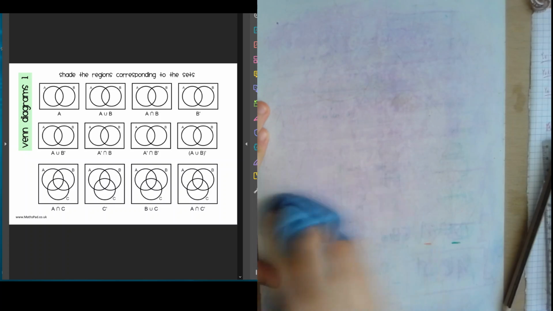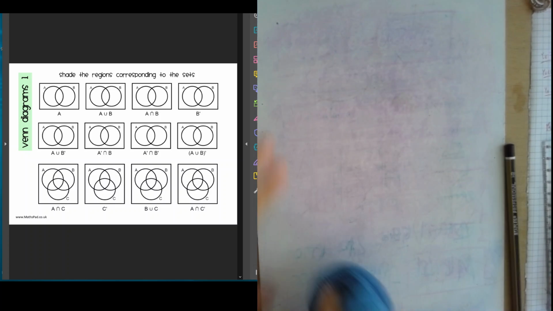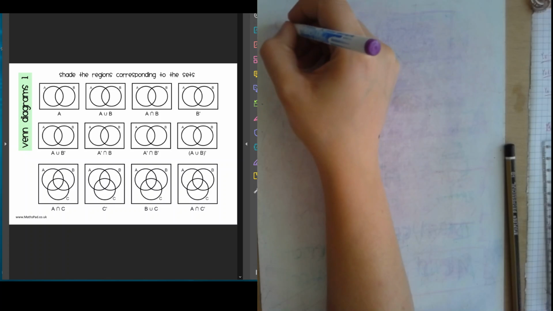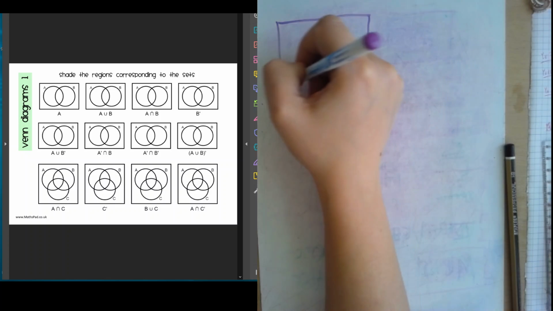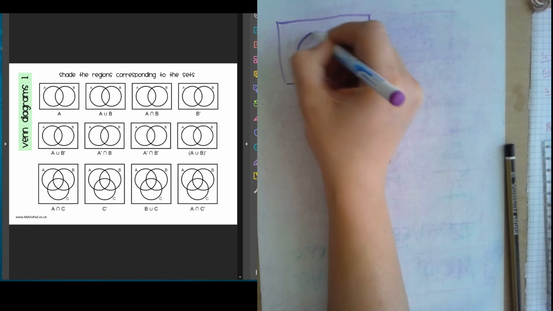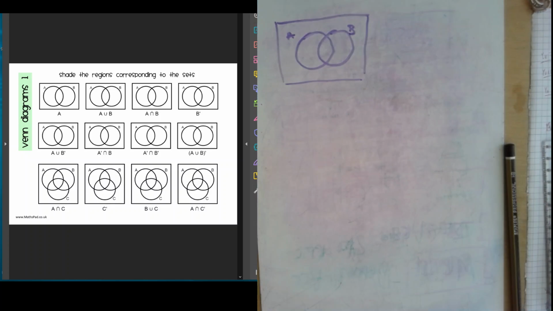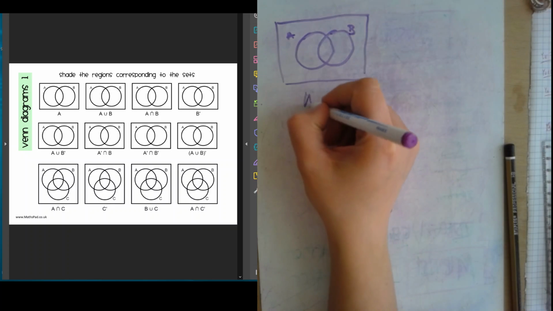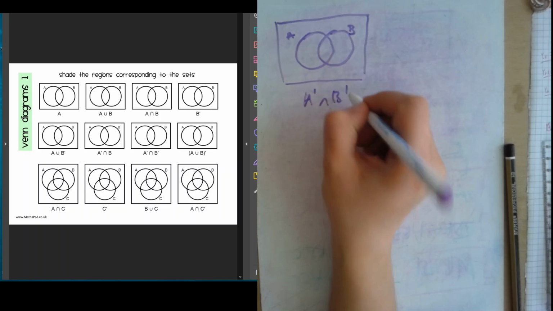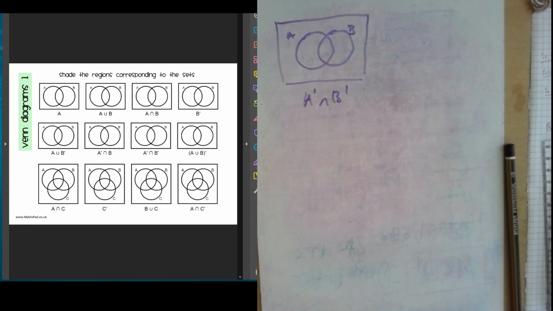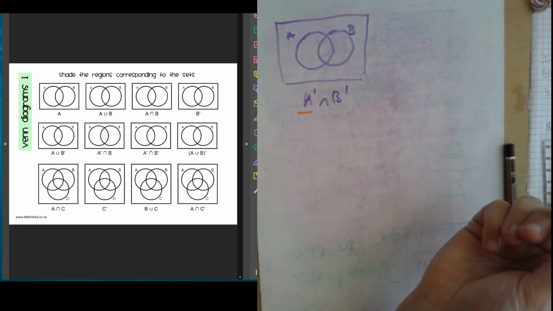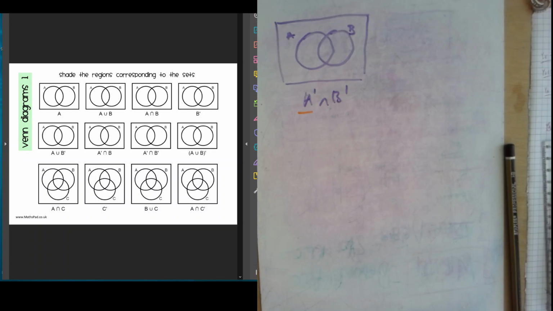Okay, so for the next one, they have not A and not B, which is another one where we are going to shade things. There's A, there's B. So I want not A and not B, right? Okay, so not A is going to be in orange.